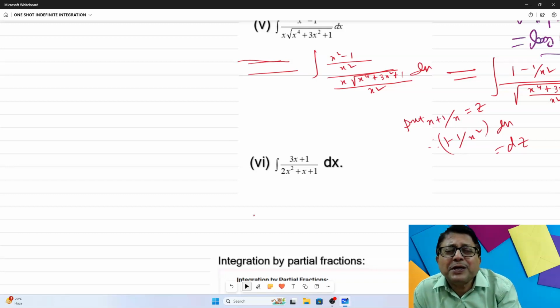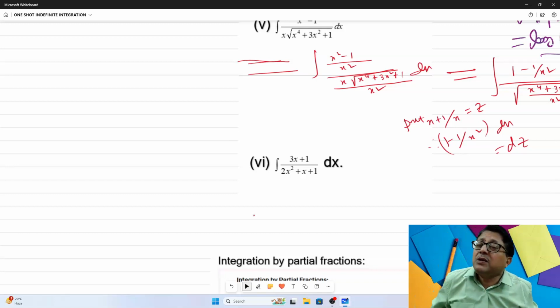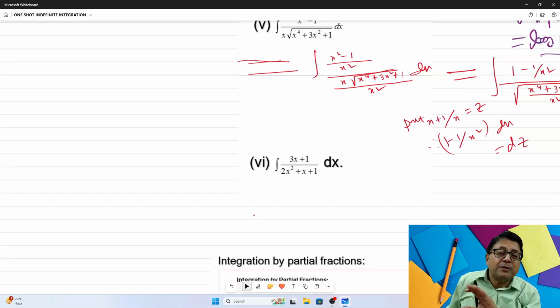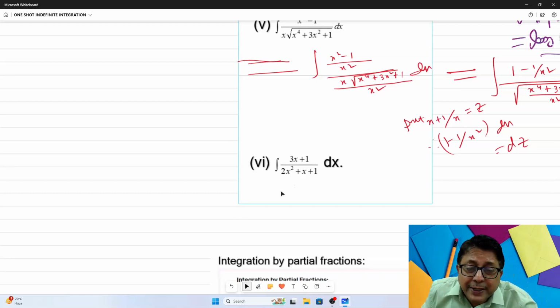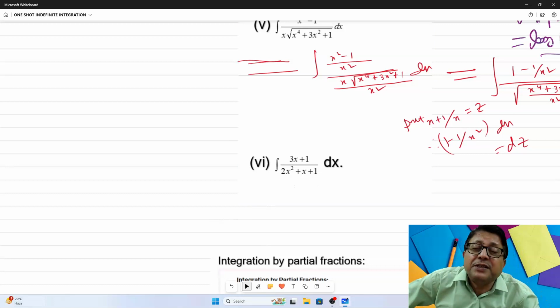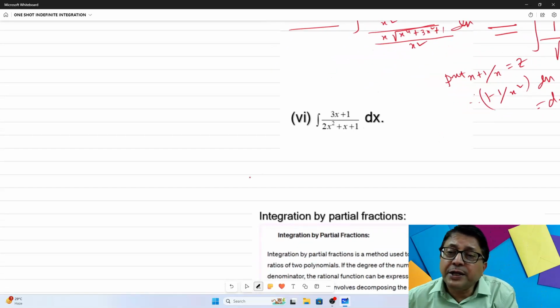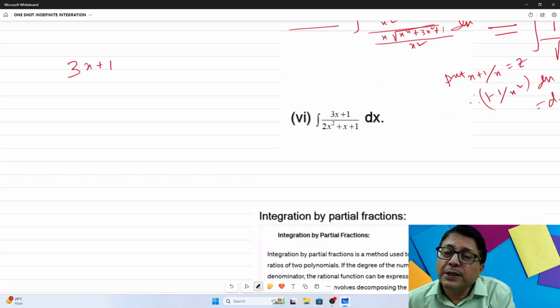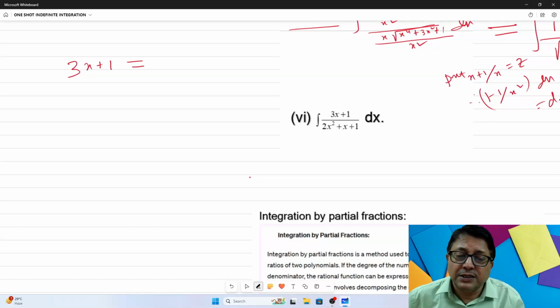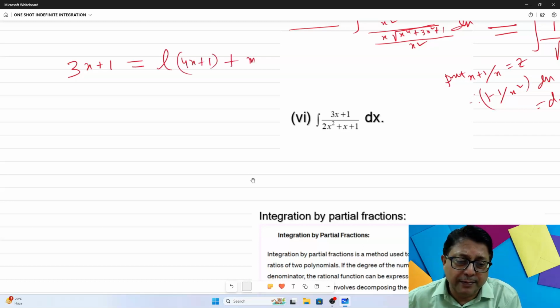You check 2x square plus x plus 1. Its derivative is not 3x plus 1. Mental calculation all of you can do. Derivative of denominator is 4x plus 1, but here it is given 3x plus 1. Then what to do? We will write the numerator in the form of some constant L into derivative of denominator plus m, isn't it?